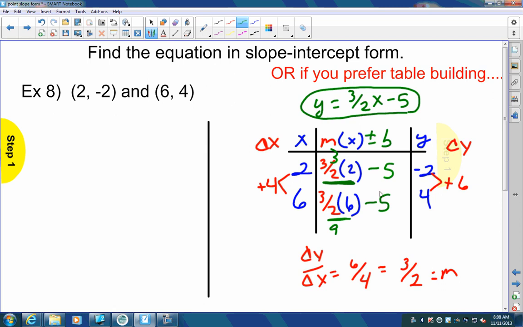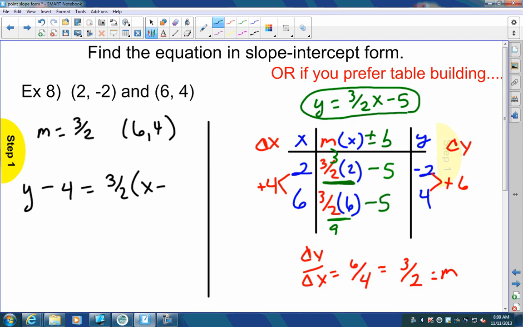Say this last part messes you up and you struggle with that. One thing you could do is, after you found the slope of 3/2, you could pick either one of these points. Say I picked 6, 4. Let's put it in point-slope form. y minus y1, y minus 4 equals m, 3/2 times x minus x1. I just took those numbers and plugged them in.